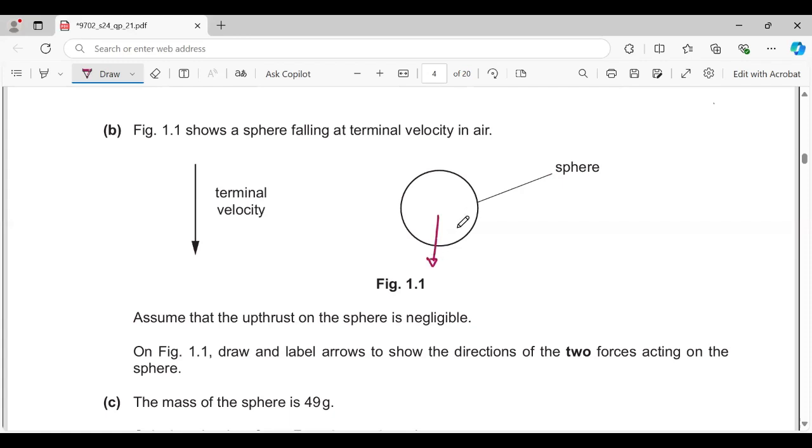The first one, downwards, is the weight, mass times gravitational field strength, and upwards is F_D, the drag force.